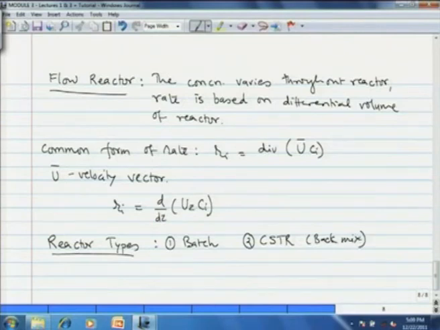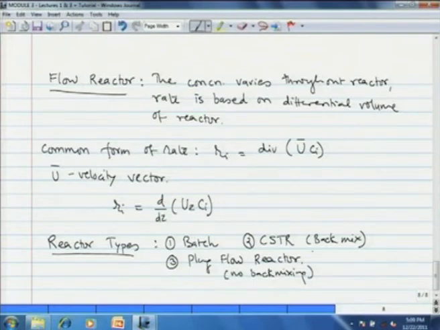And the third type of reactor is the flow reactor, that is the plug flow reactor. In a plug flow reactor, there is no back mixing ideally. Plug flow reactors are usually developed for steady state operation, and at steady state the concentration as well as temperature profile does not change with time.